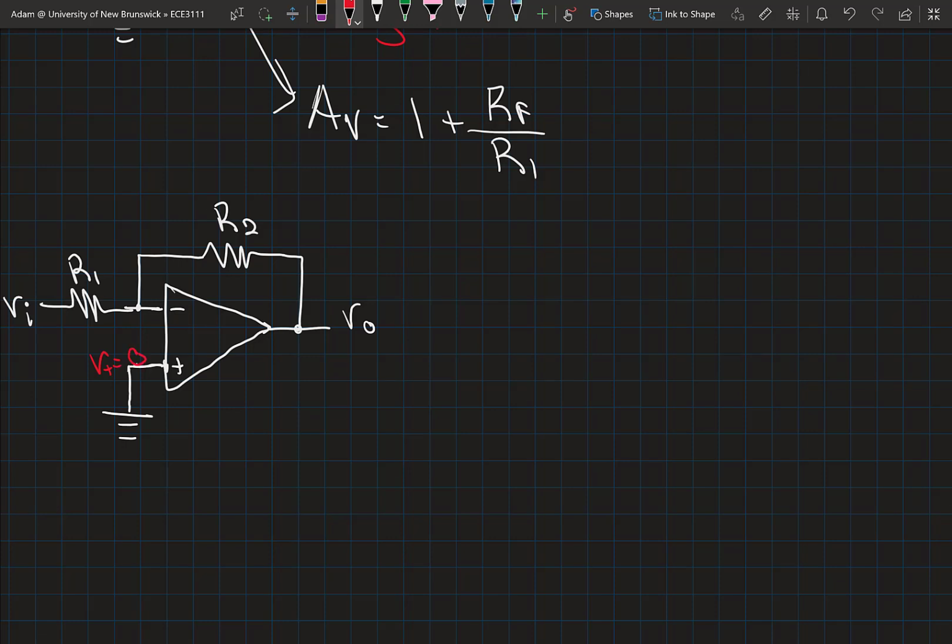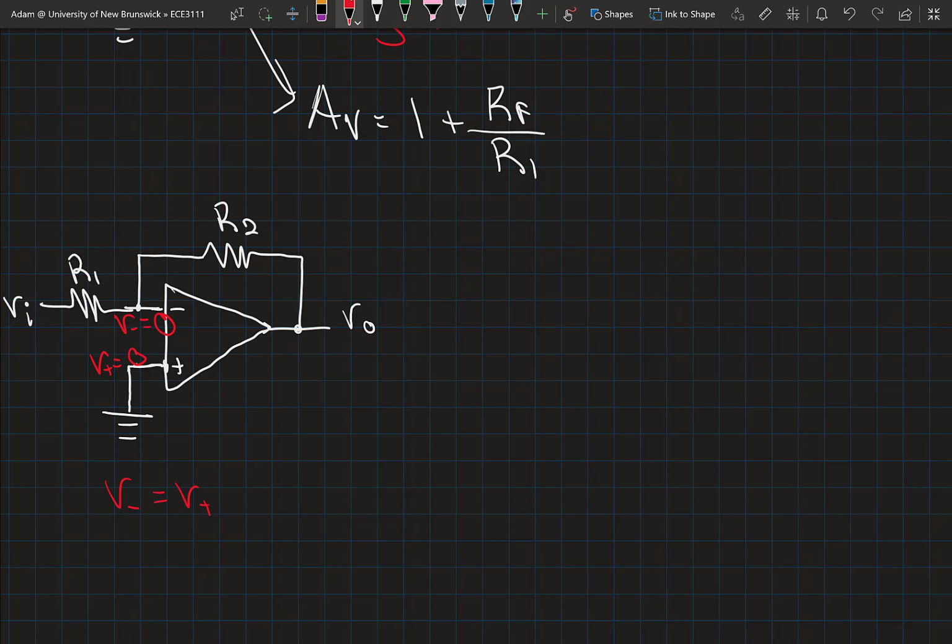And because of the ideal assumptions we make about an op amp and its infinite gain, we say that the voltage at the inverting terminal is going to be equal to the voltage at the non-inverting terminal. We're always going to do this when we do op amp circuit analysis. That allows us to say that the voltage at the inverting terminal is also 0.